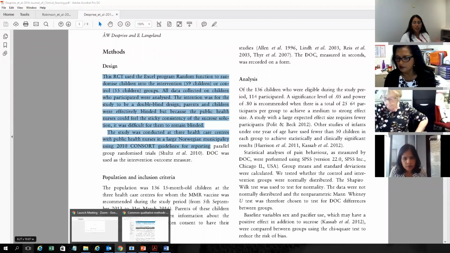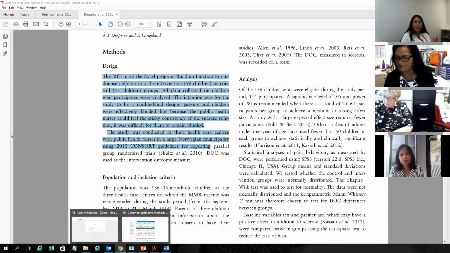Then we went back to the study, and in the study, RCT is used to randomly assign children into the intervention or the control group. So does this study follow the principles of experimental design? And Diana said yes, because it is random.